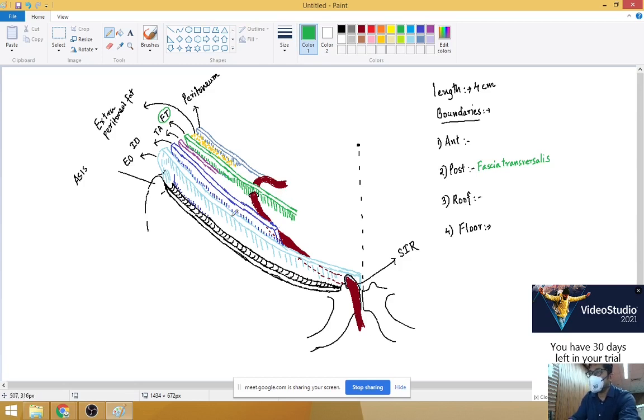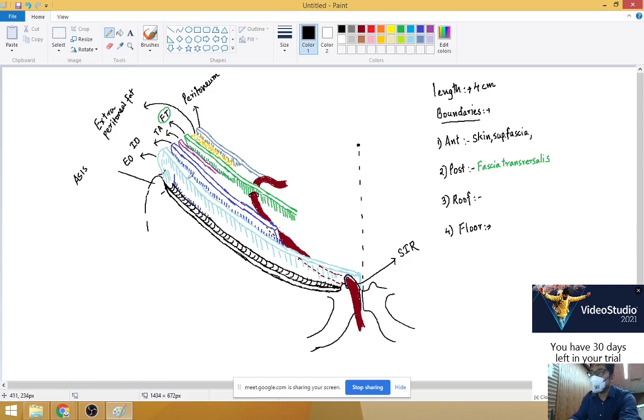If you're looking at the anterior boundary, there will be, of course, the skin, okay, the superficial fascia along with the skin. And what is this muscle? You see, what is this muscle forming the anterior boundary?